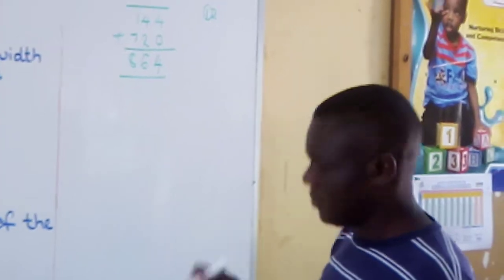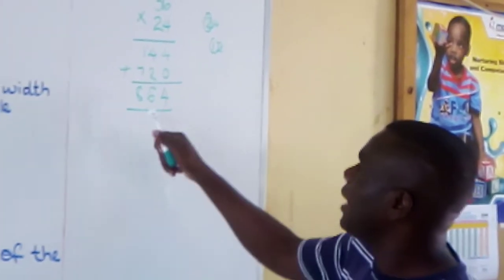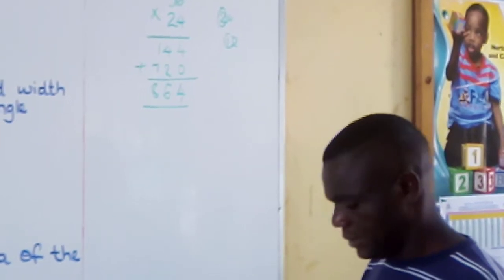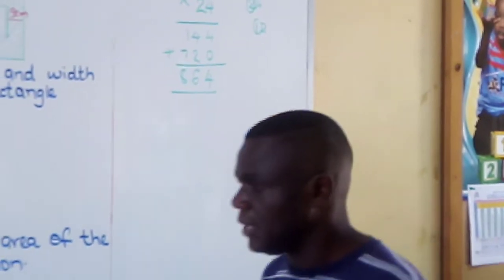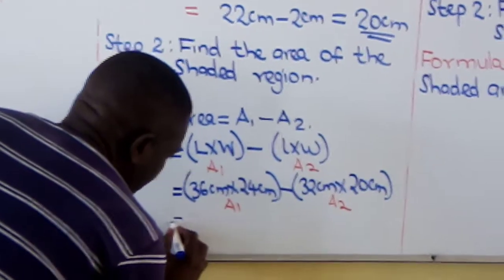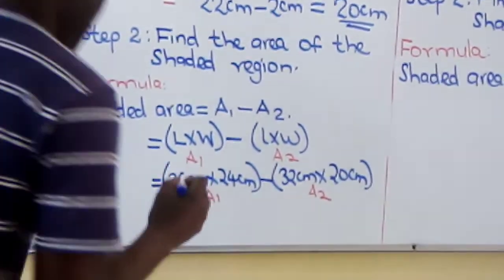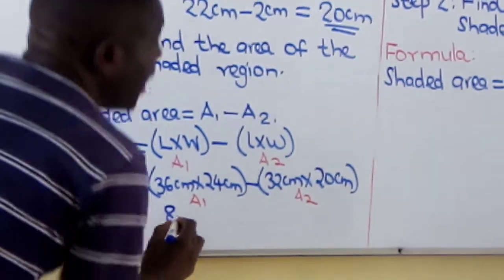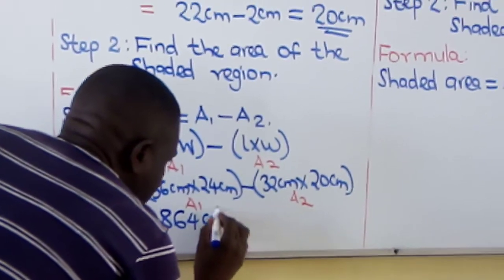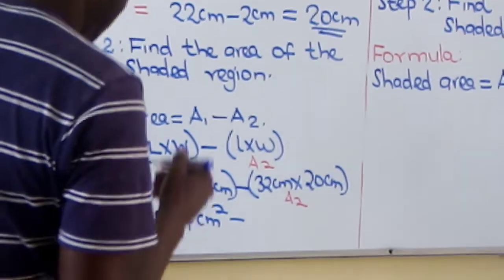Thank you. So the answer here is 864 square centimeters. That's the area of the outer rectangle. 864 square centimeters.